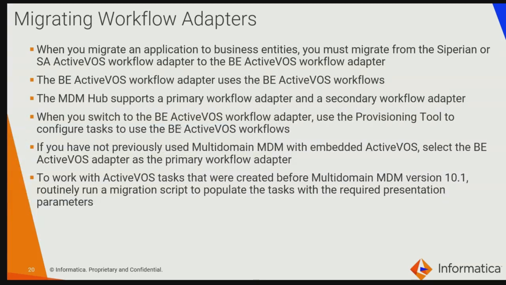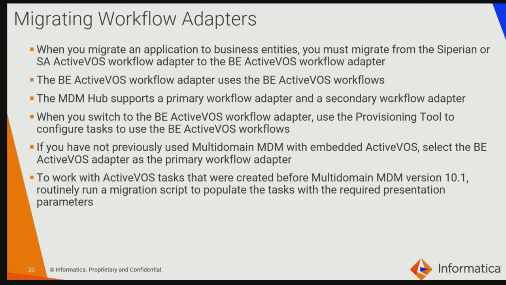When you switch from the older workflow adapter to BE ActiveVOS, along with registering in MDM Hub as primary, you need to configure in the provisioning tool the triggers, workflow types, and the templates around it. And if you have a secondary workflow, you cannot create any new task.